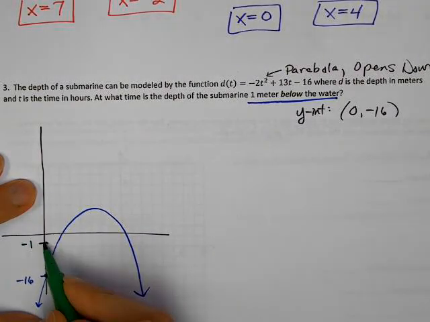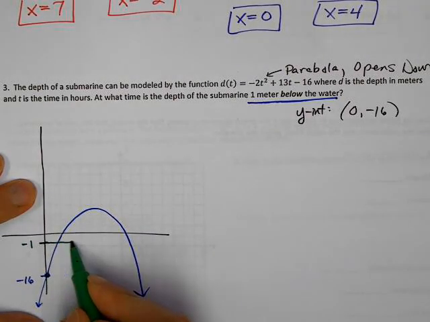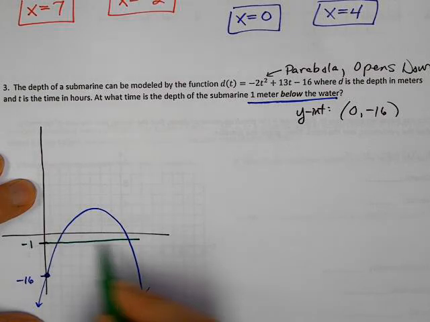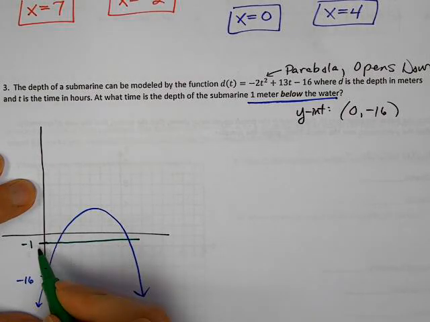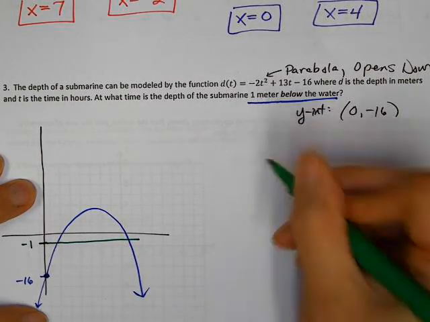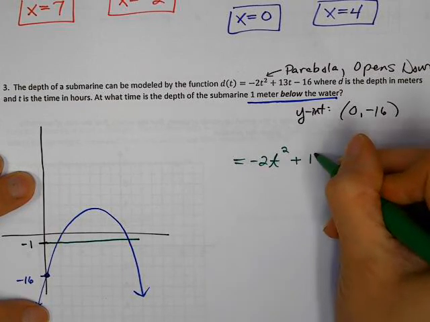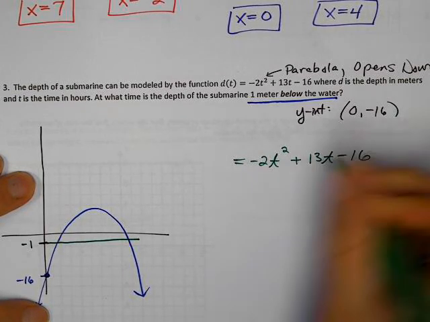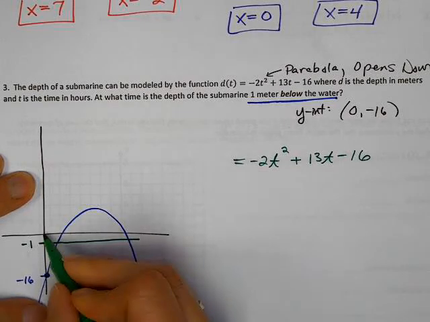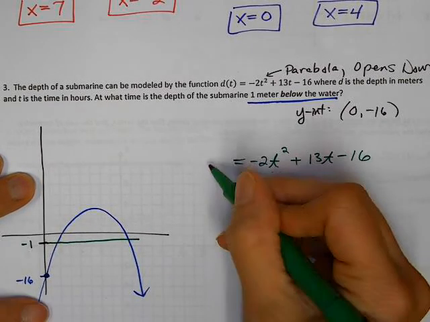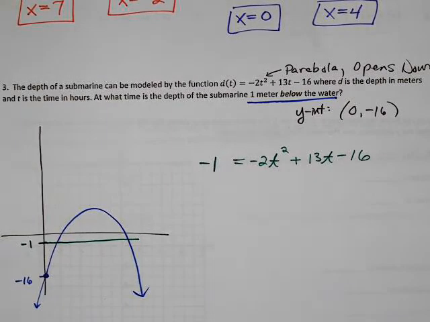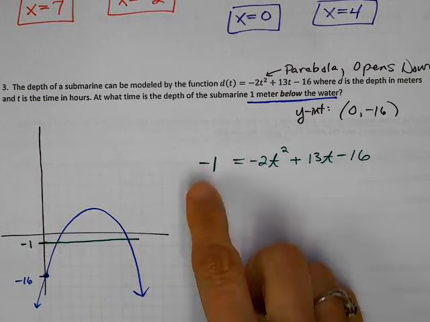Okay, so is the submarine ever 1 meter below? Maybe 2 times. Okay, so what I'm going to do is take this equation, and I'm not going to say equals 0. I don't want to know when it hits 0. I want to know when does the equation equal negative 1. When the height is negative 1.